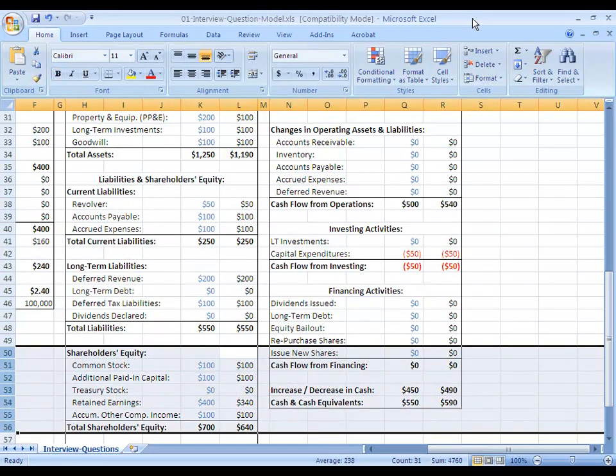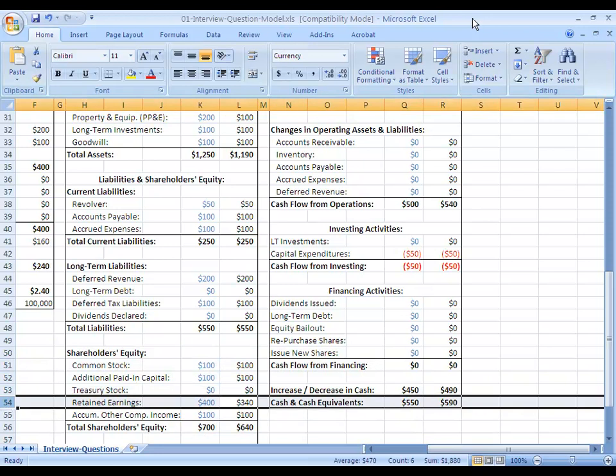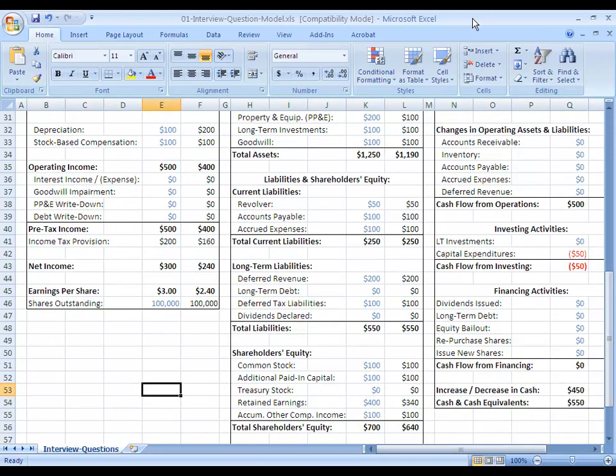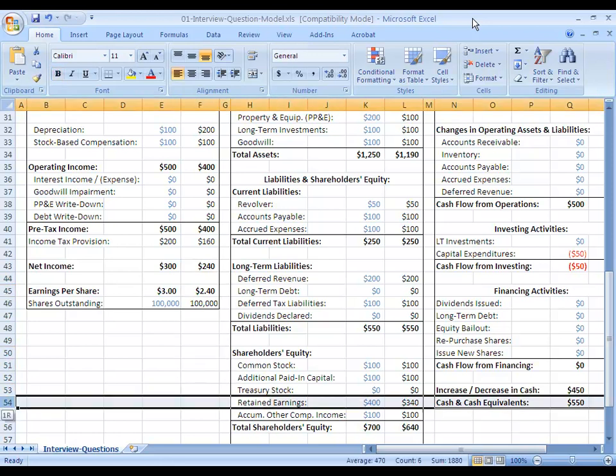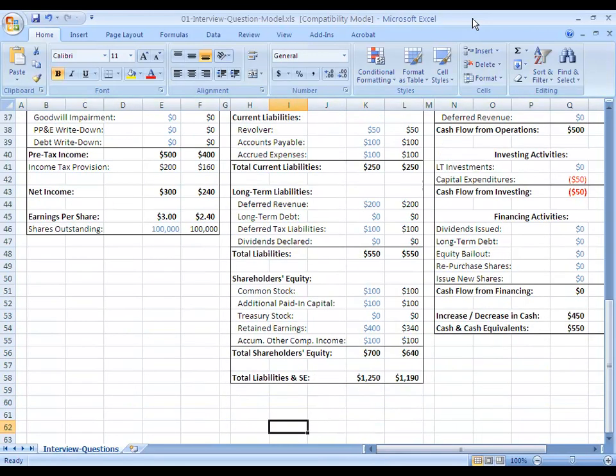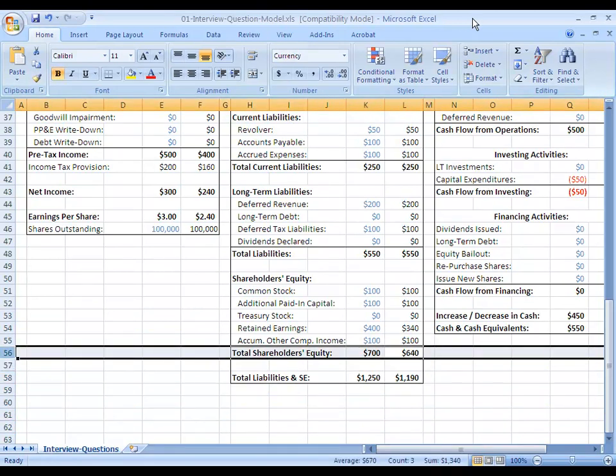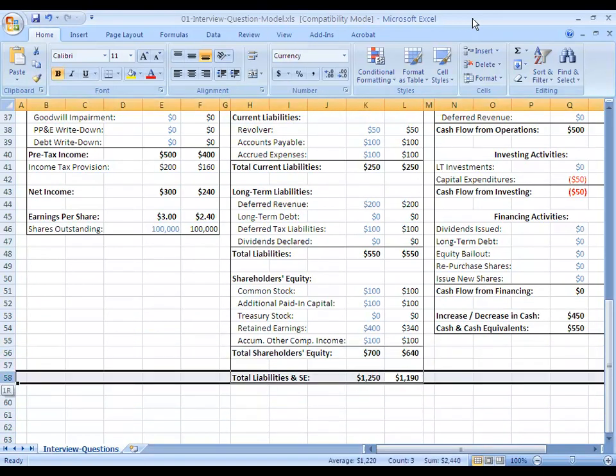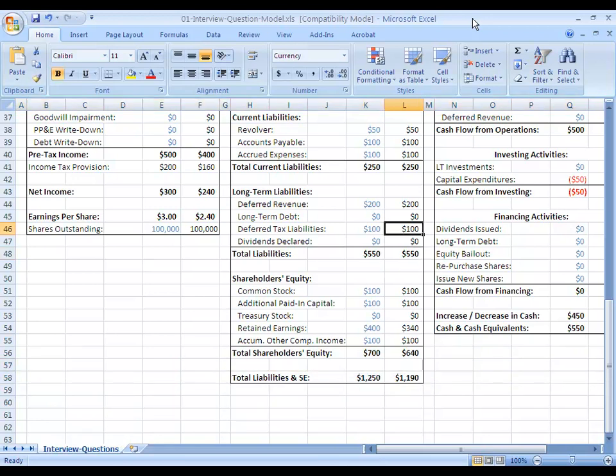All that changes is that under shareholders' equity, retained earnings is down by 60, because our net income, if you recall, was down by 60, and this net income flows directly into retained earnings under shareholders' equity. So shareholders' equity is down by 60, and our assets are also down by 60, so both sides of the balance sheet balance, and our question walkthrough is complete.